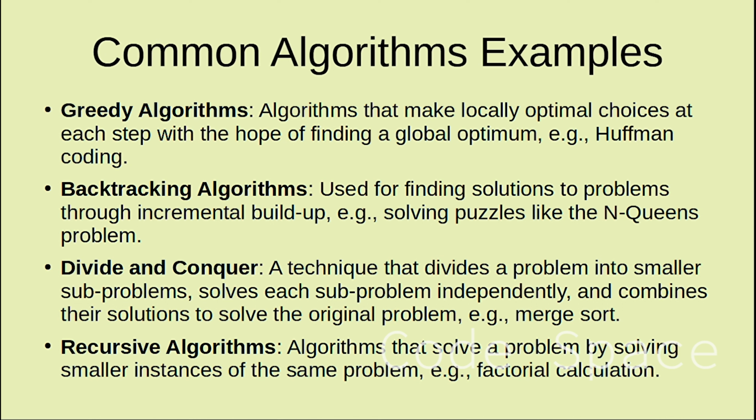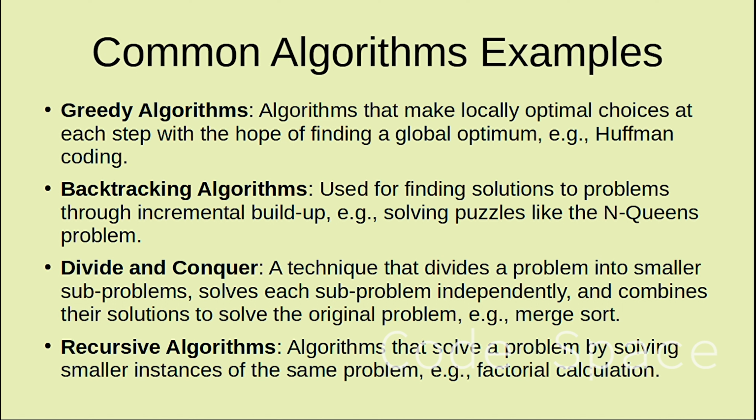problem. Divide and conquer is a technique that divides a problem into smaller subproblems, solves the subproblems independently, and combines the results together to solve the original problem. One example is merge sort.